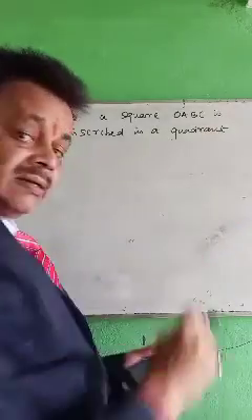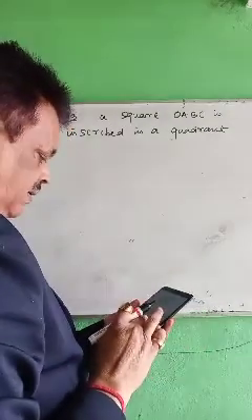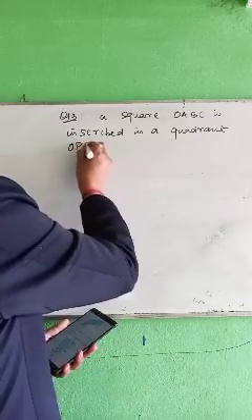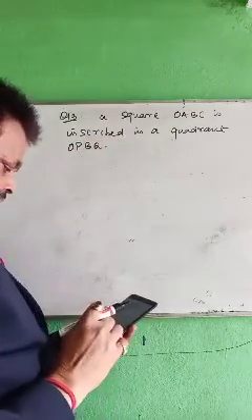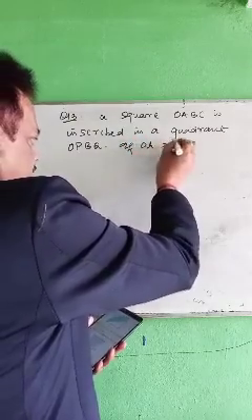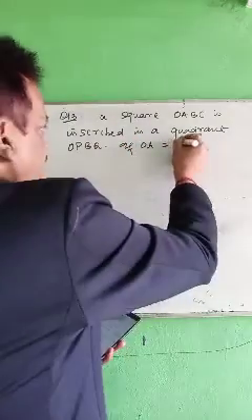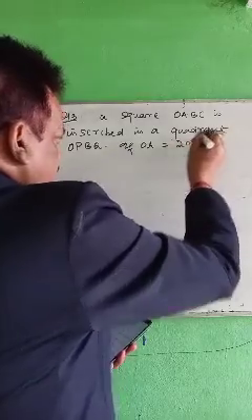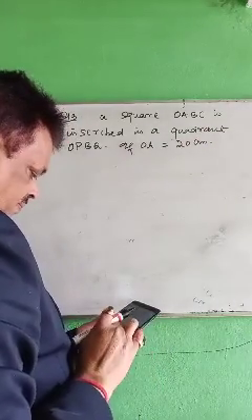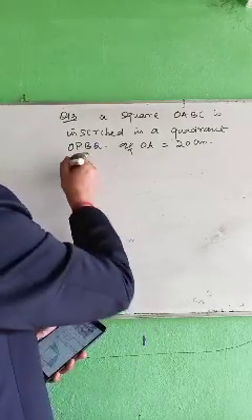The quadrant given to us is quadrant OPBQ. If OA equals 20 centimeter, find the area of the shaded region.